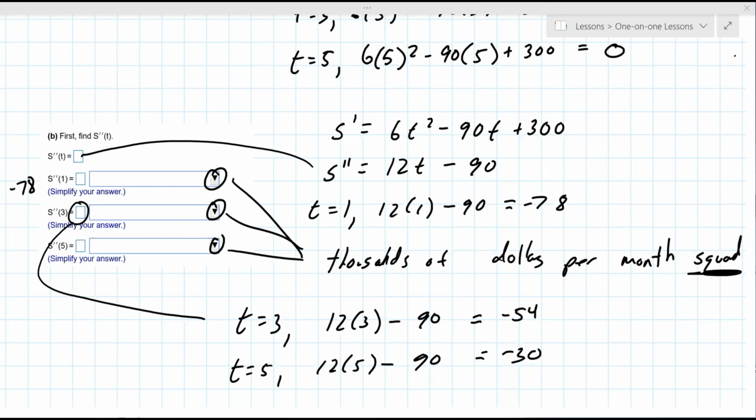Growth is slowing down. After 3 months, sales are increasing, and growth is slowing down. Sorry, I'm filling these in so that I can snip it in and it'll make sense. Sales are after 5 months. Sales are, well, they're zero.